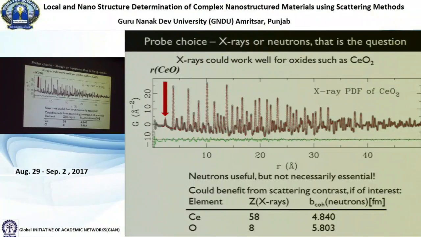So 3,600 down to 600, and then oxygen is going to be 8 times 8, 64. It's like 100 times less. So the oxygen peaks are 100 times smaller than the cerium-oxygen peak, which is 50 times smaller than the cerium peak.